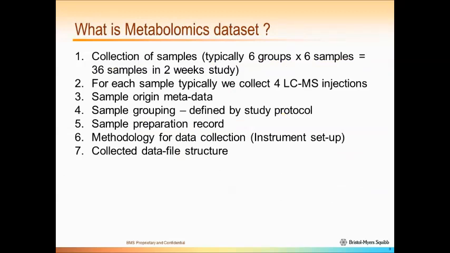So what's in that metabolomics data set, which will be deposited? A collection of samples, typically 6 groups of animals, 6 samples each, produced in these animal studies. For each typical sample, today we collect 4 different LC-MS injections. Why 4?